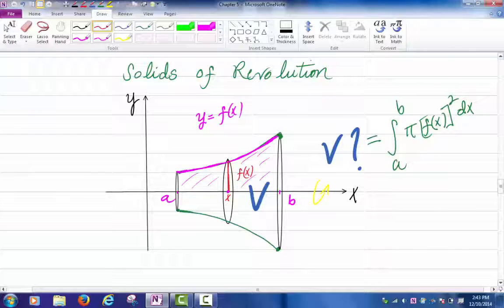The integrand here represents the area of the cross-section at x. X is going from a to b. So you're summing up the areas of the cross-sections, and that's the volume. Is it clear?